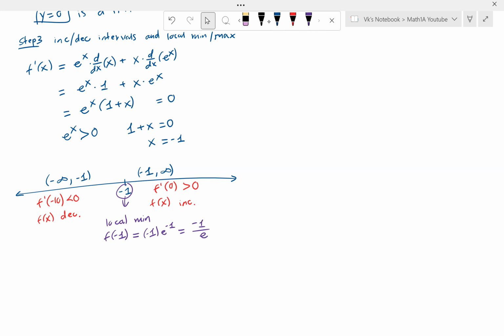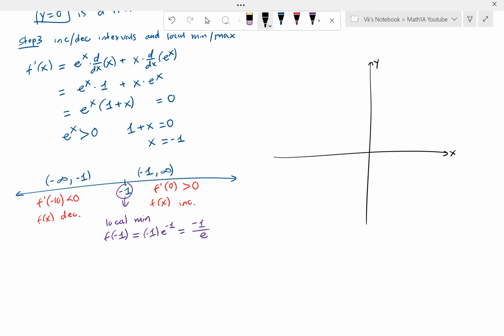Let's try to sketch without using the second derivative test. So we know that we have a horizontal asymptote as x approaches negative infinity. And then from the function itself, f of 0 is 0.